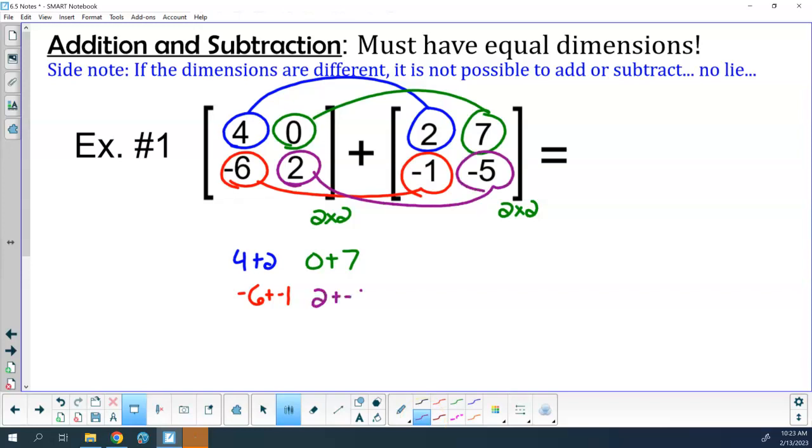Excuse me. So the resulting matrix here is a 2 by 2 matrix.